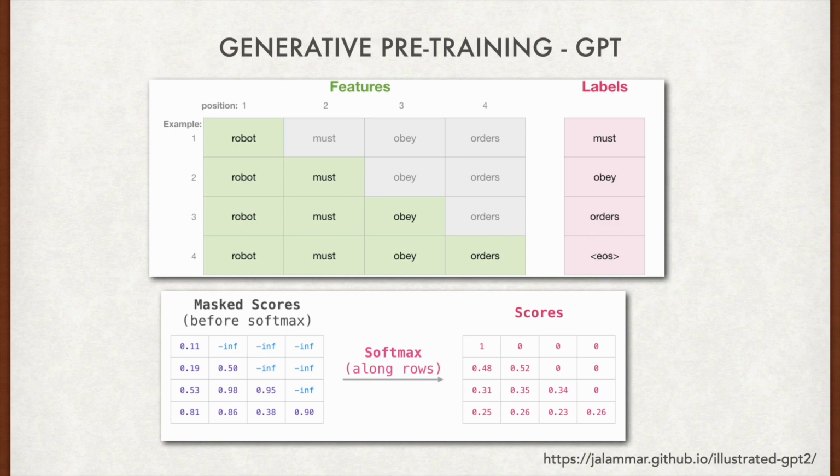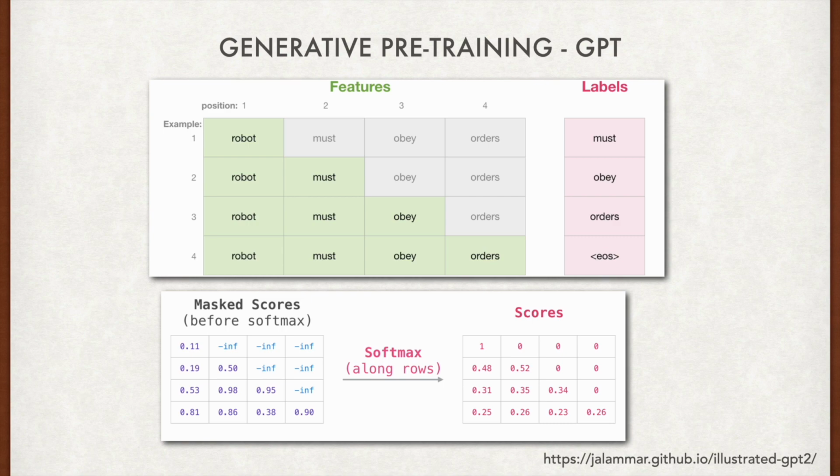As we can see, after softmax, the attention score in the first row is set to 1 for that first position related to the word robot, and other words are zeroed. Please remember that rows and columns here represent tokens in our input sequence, so the first column represents the word robot, the second one represents must, etc.